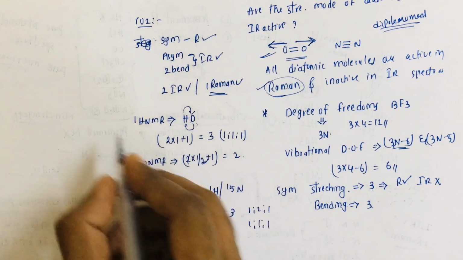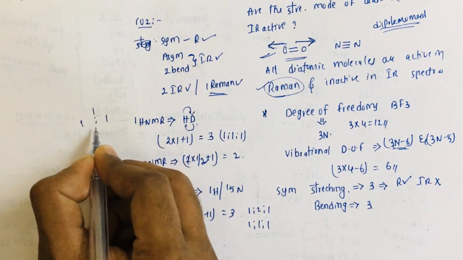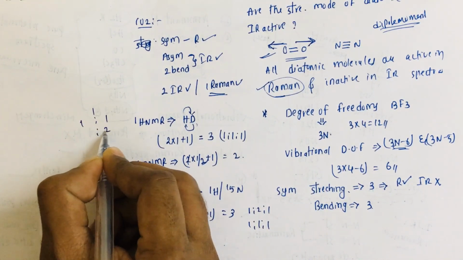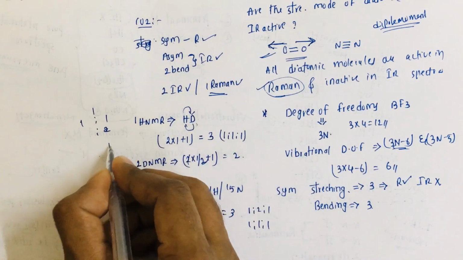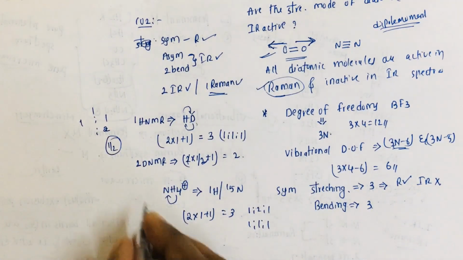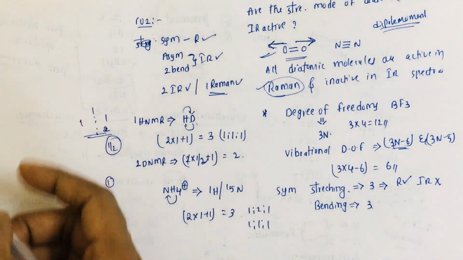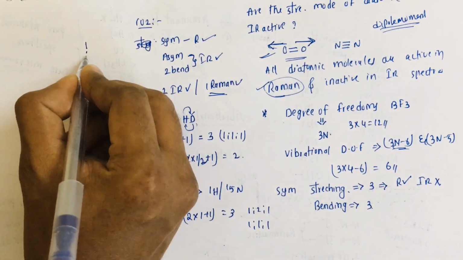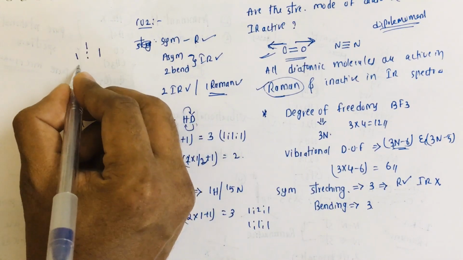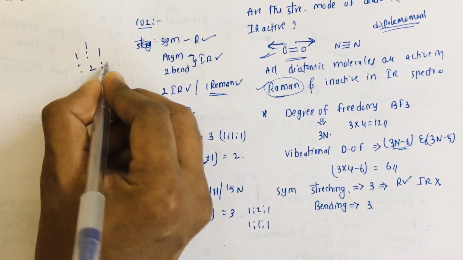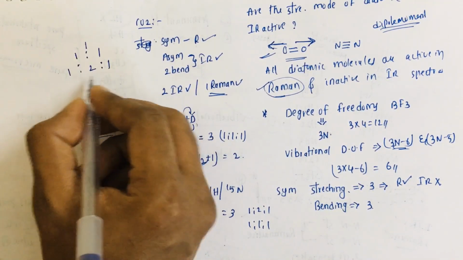So this Pascal diagram we have is only applicable for the spin which is having a 1 by 2. For the compounds which are having a spin 1, this diagram we have like this: 1 is to 1 is to 1. So for triplet we have 1 is to 2 is to 1.